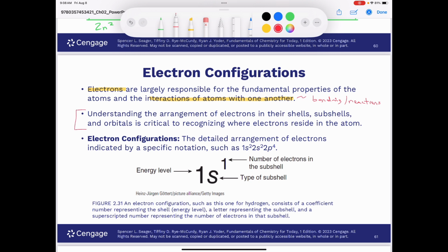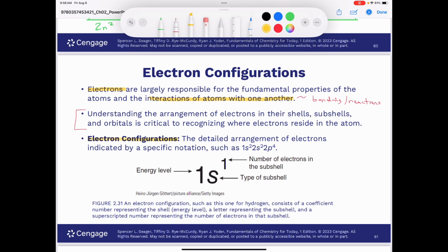Like I said, understanding the arrangement of electrons in their shells, subshells, and orbitals is critical to recognizing where the electrons reside in the atom. And so a way that we can display the way electrons are organized for an atom or an ion is using what are called electron configurations. And these are a detailed arrangement of the electrons indicated by specific notation like 1s2, 2s2, 2p4.